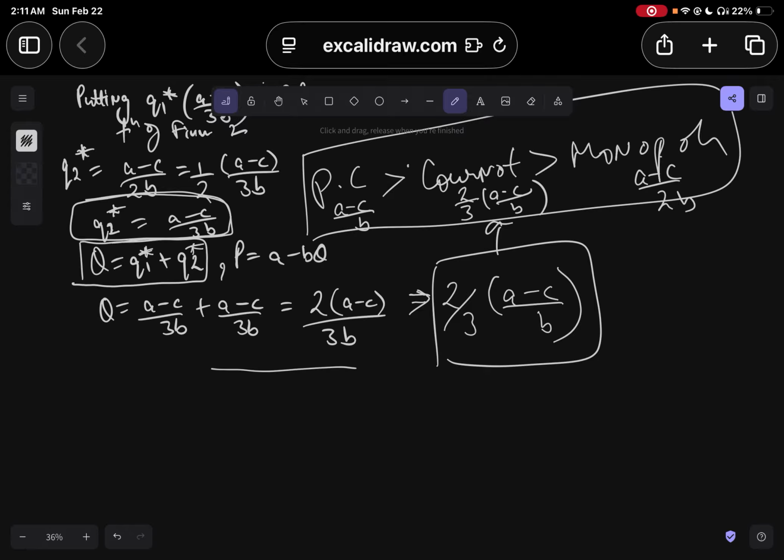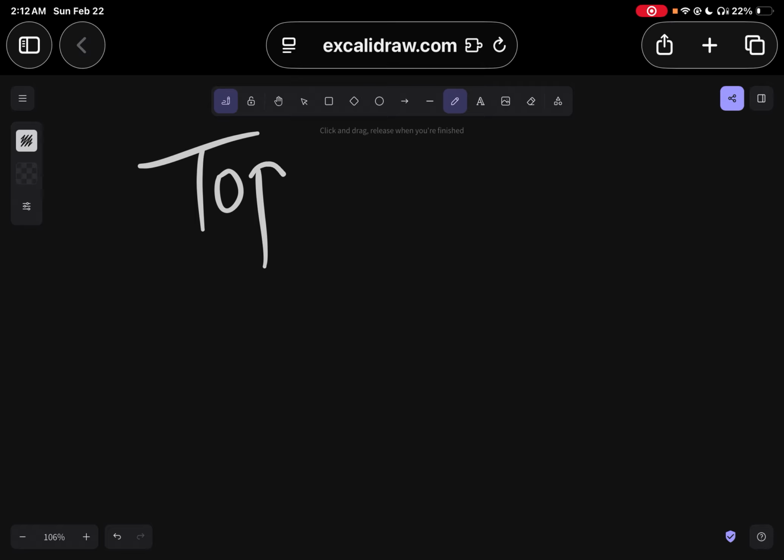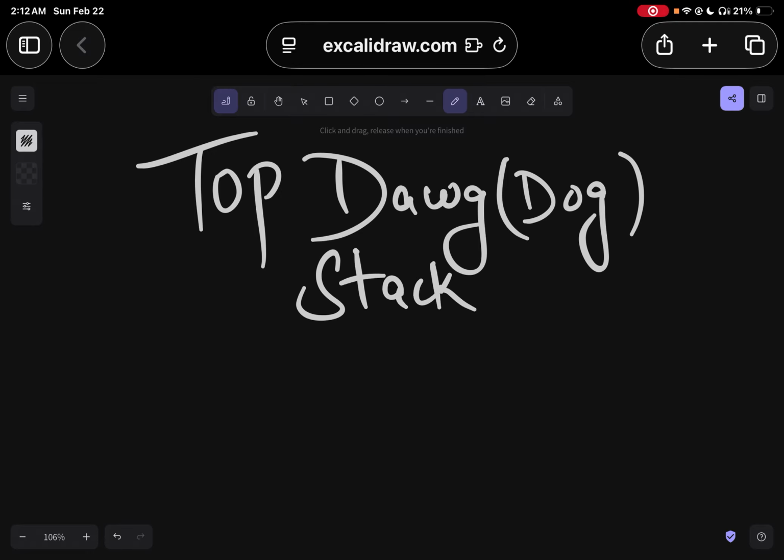Okay, so moving ahead. I did something with price as well in this one, which I'm not going to cover. We are going to the top dog model, the Stackelberg model, which is also known as the top dog. For those who wonder why I'm saying top dog, it is not DAWG, it's DOG, Stackelberg model.